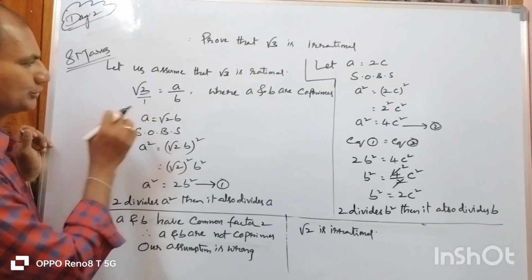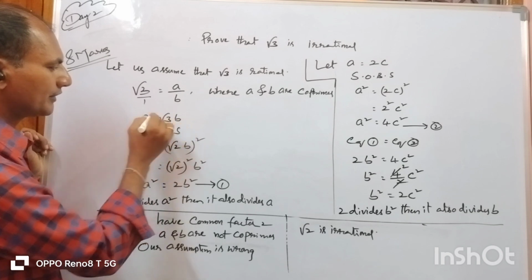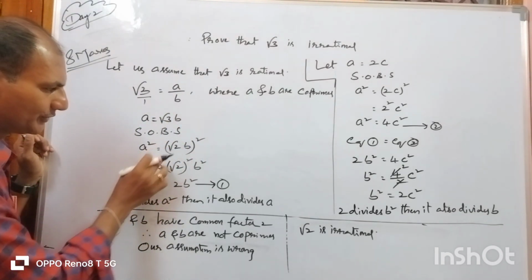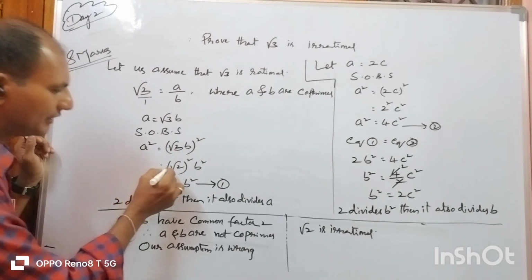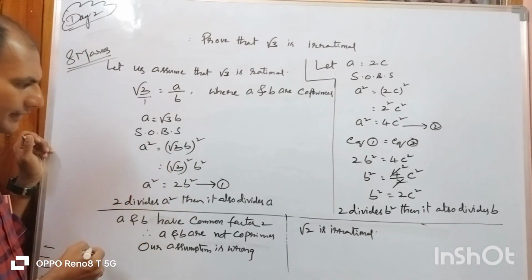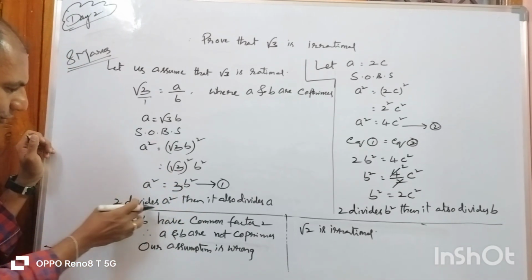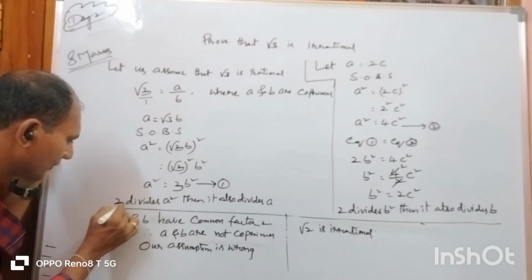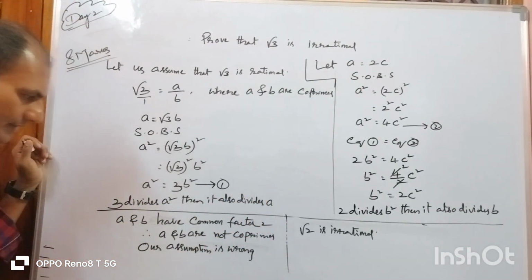Now a equals, cross multiply, root 3b. Next, a square equals root 3 whole square. Square will get cancelled. This is 3b square. So 3 divides a square, then it also divides a.